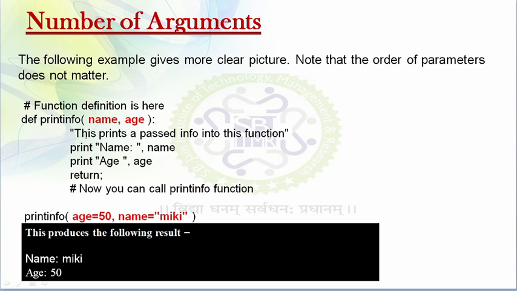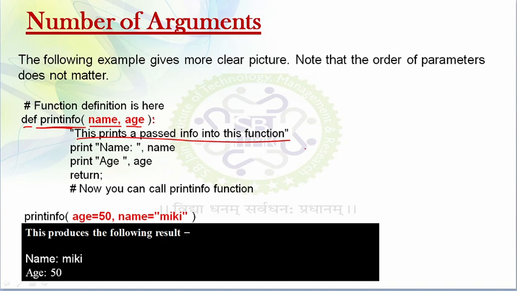Now let's see with an example. Suppose I have defined one function as print info, and it is taking two arguments, name and age. After that we have to give a colon. Colon is very much essential because it is my definition. Now what is this definition going to do? It prints the information passed to the function.